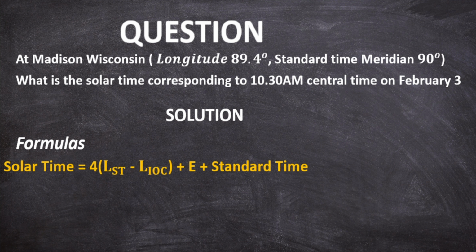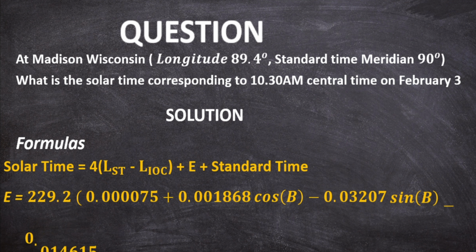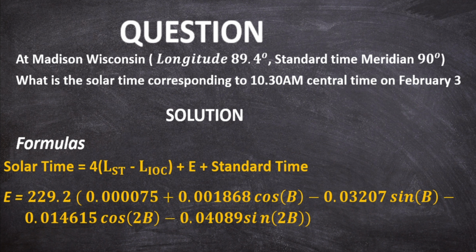In this equation, our LST we have, our LLOC we have. What we don't have is E. So how do we calculate E? E is calculated as 229.2 open bracket 0.000075 plus 0.001868 cos B minus 0.032077 sin B minus 0.014615 cos 2B minus 0.04089 sin 2B.